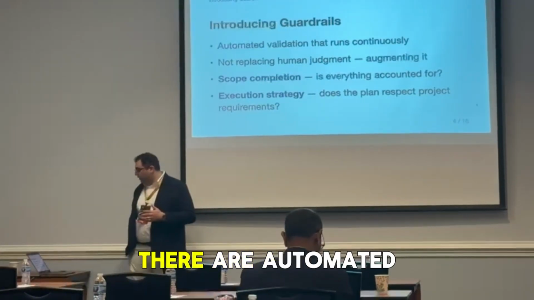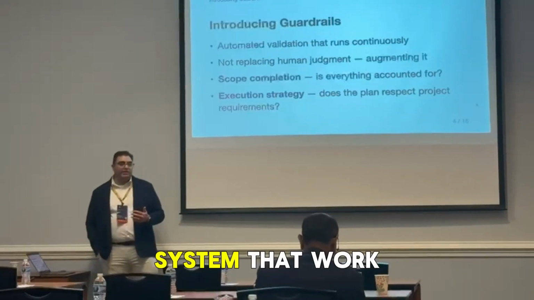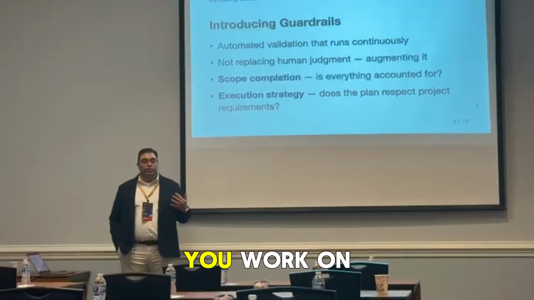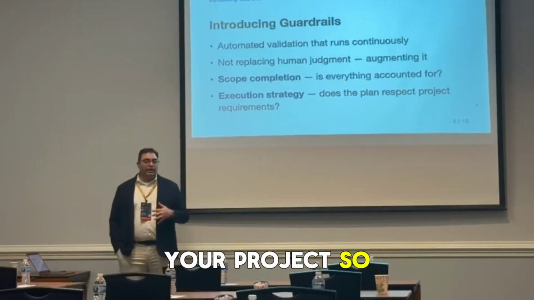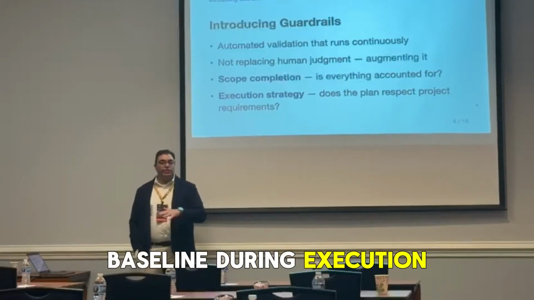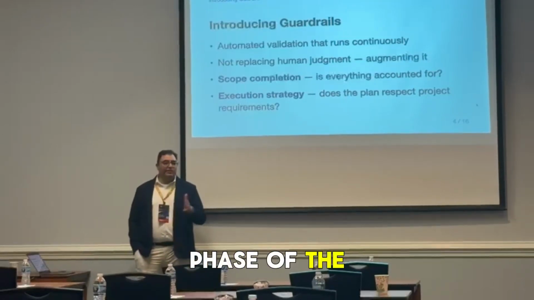Basically, what are they? They're an automated validation system that works automatically for you as you work on your project. So during the baseline, during execution, during any phase of the project.